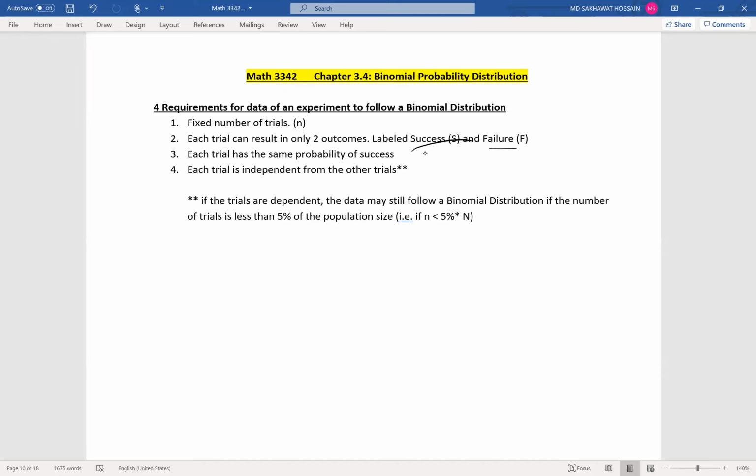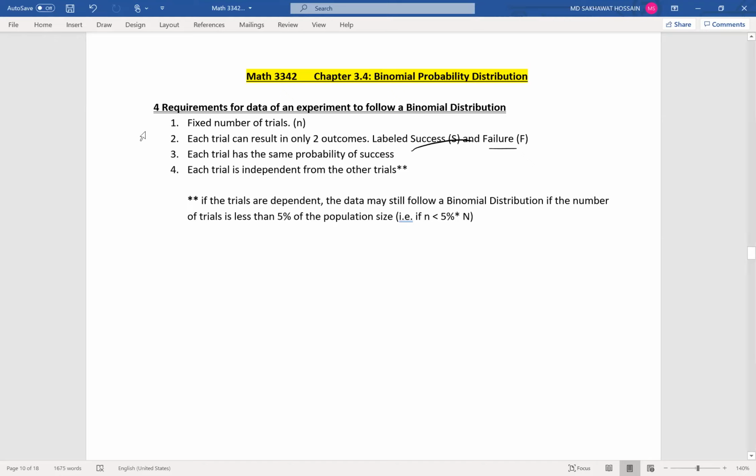But if the data is small compared to the population size, for example, 5% of the population size or less, then even though the trials are not independent, the data might still follow a binomial distribution.